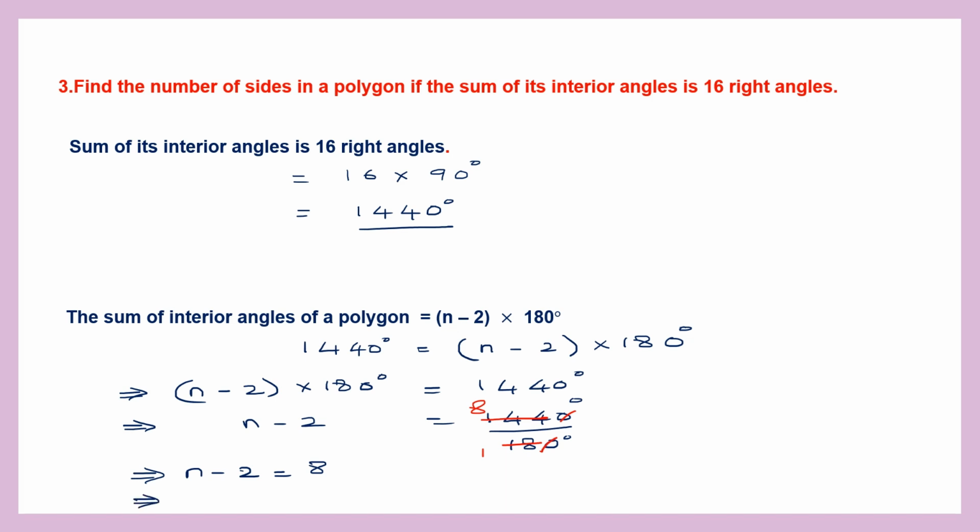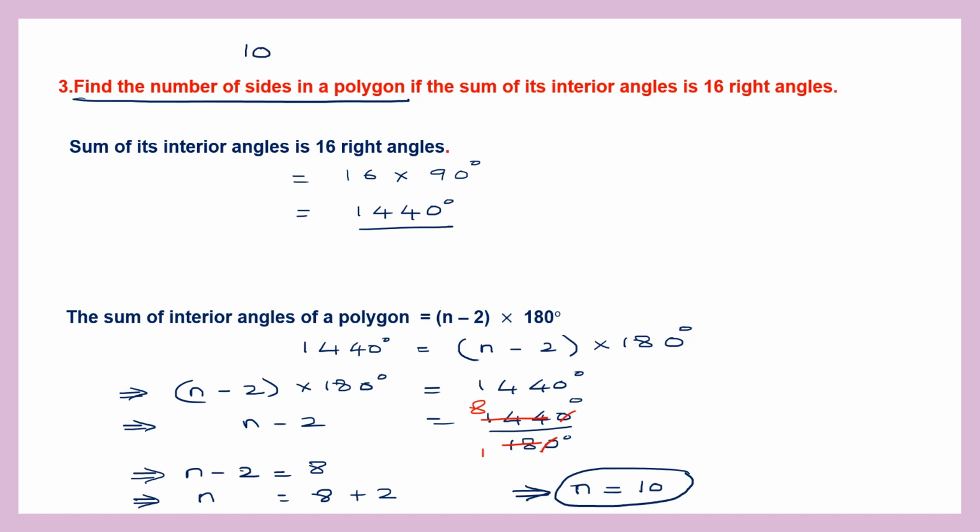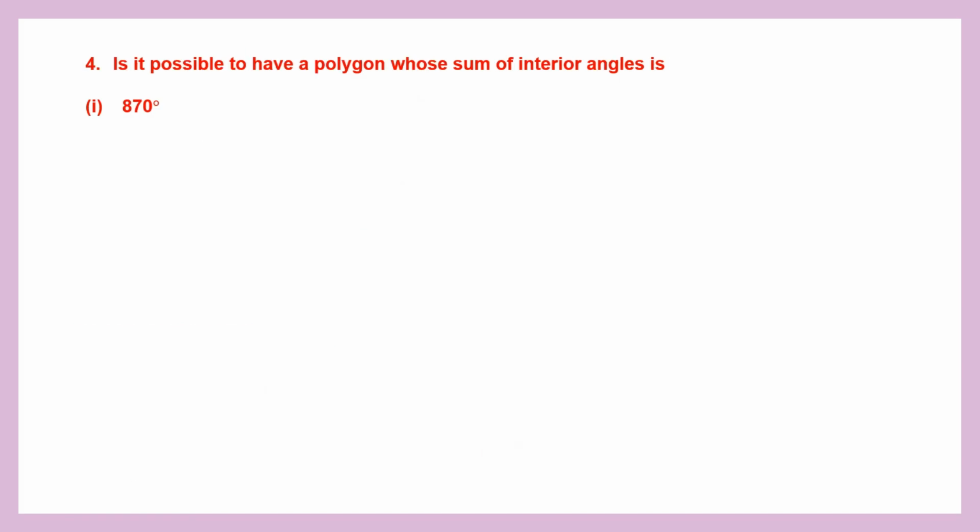So to find the value of n, all I have to do is say 8 plus 2. 8 plus 2 is 10. That means the value of n is 10. So what have I found? I have found n. And what is n? n is the number of sides of the polygon. And the answer is 10 sides. So this polygon has 10 sides.